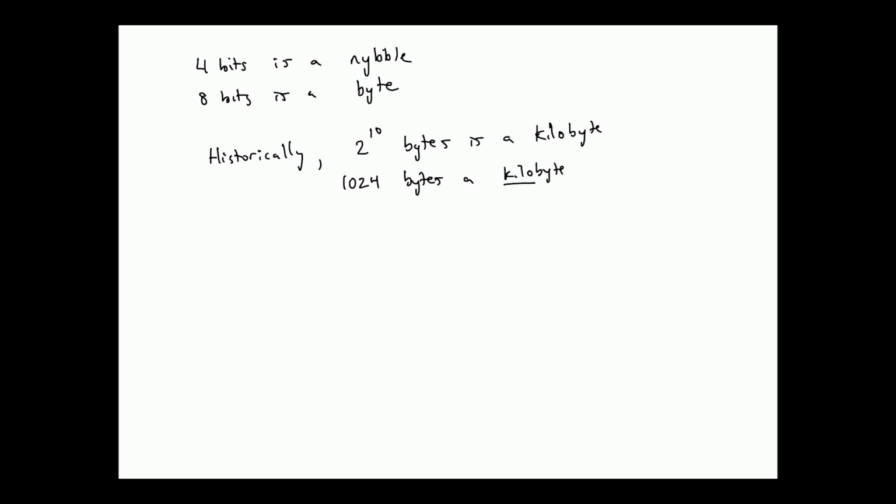Now, there's a bit of a problem there because kilo as a metric prefix means 1,000, not 1024. But it's only 24 bytes. So the convention stuck, and if we keep going, 2 to the 20th bytes is 2 to the 10th kilobytes, which is 1 megabyte.